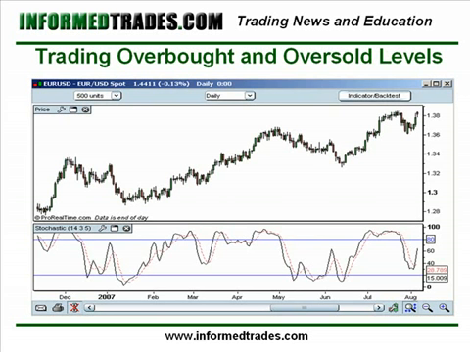George Lane, who invented the indicator, recommended waiting for a cross back below the 80 line when the market went from an extremely overbought area before placing a trade to the downside, and waiting for a break back above the 20 line before signaling a trade to the upside.